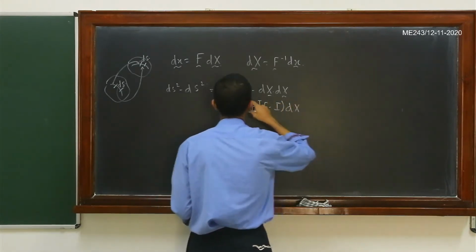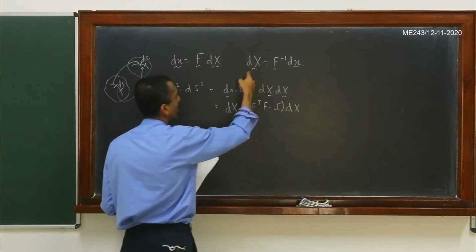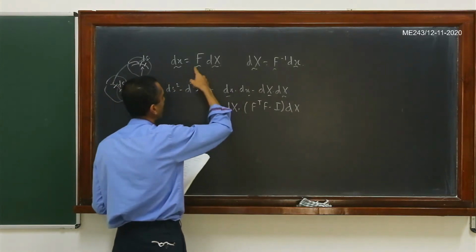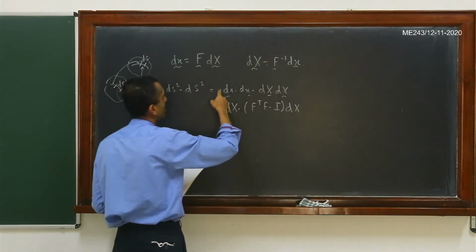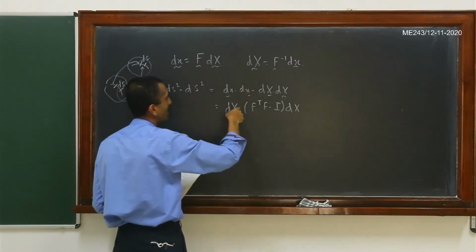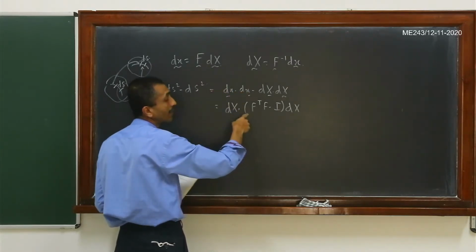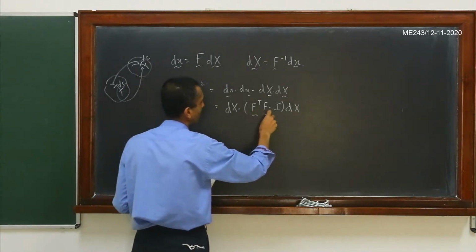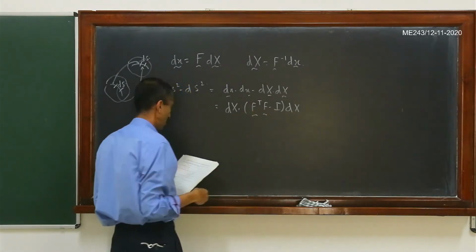Here I am substituting for small dx. I am writing this as F times d capital X, and this also as F times d capital X. Then I am using the definition of the transpose of a tensor, so I can write it in this particular way.